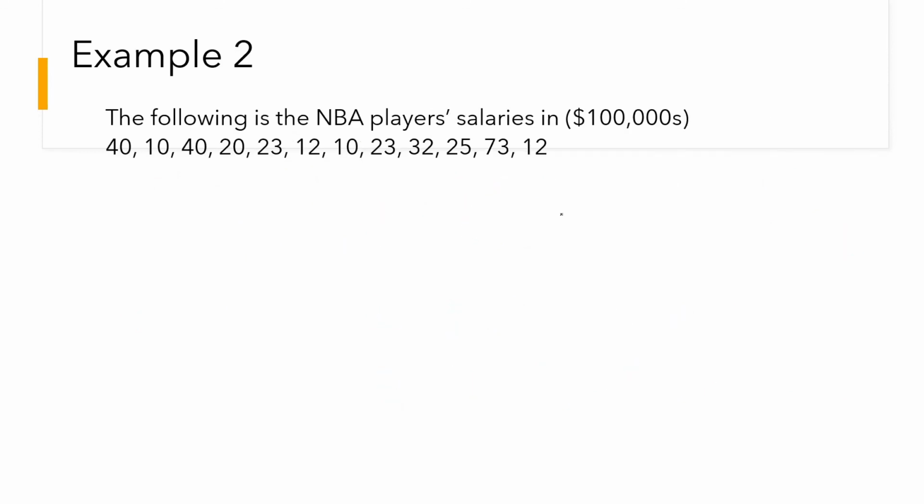So let's look at our next example. The following are NBA players' salaries in hundreds of thousands, and you're given 12 data points. I want you guys to figure out if there's an outlier. Looking at this, it looks like 73 is probably the potential outlier because that's the biggest number and it's away from most of the data.